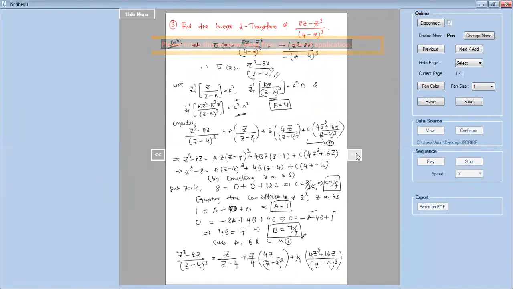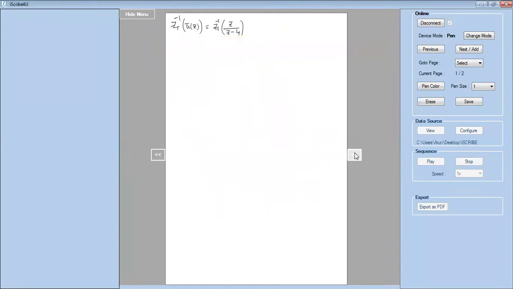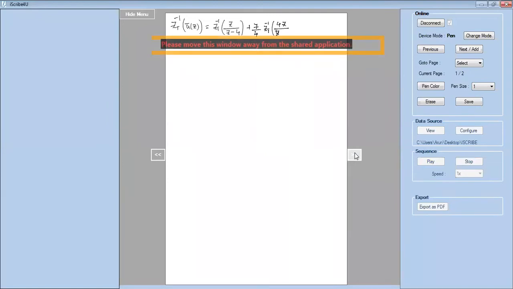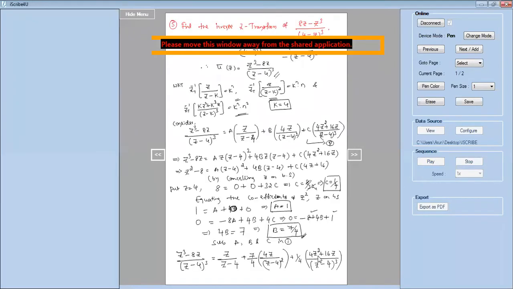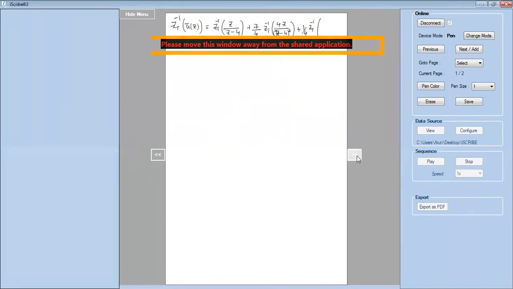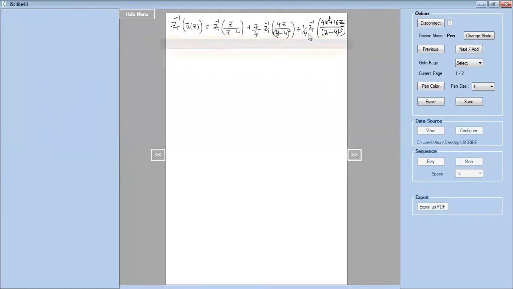I'll keep the 7 by 4 outside only, plus 7 by 4 into zt inverse of 4z by z minus 4 whole square, plus the last term, 1 by 4 into zt inverse of 4z square plus 16z divided by z minus 4 whole cube. Right? So we have to write like this.